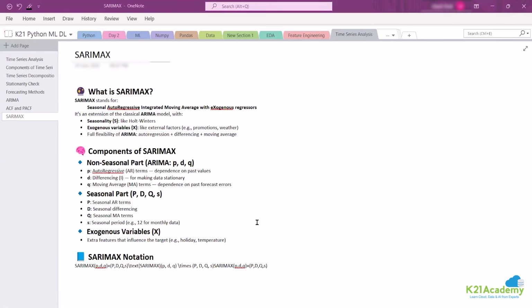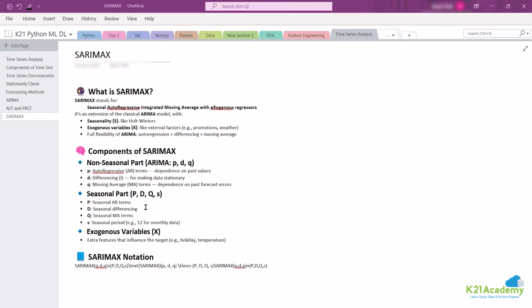If you have that kind of external values that you need to consider, you need to calculate them first, extract them after the calculation, form a list of those exogenous variables, and then consider all those along with the SARIMAX.